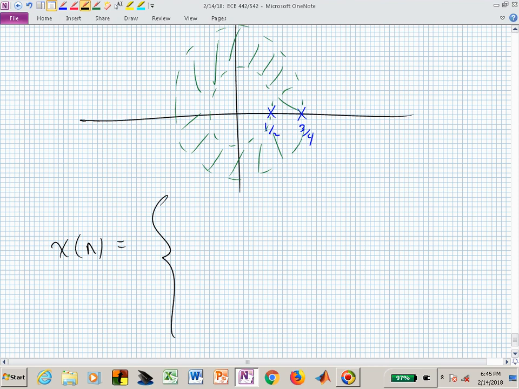Now they're not both on one side. One's on one side, one's on the other. If we look at 1/2, where's the region of convergence relative to that 1/2? It's beyond. And what did we know about poles that were interior to the region of convergence?